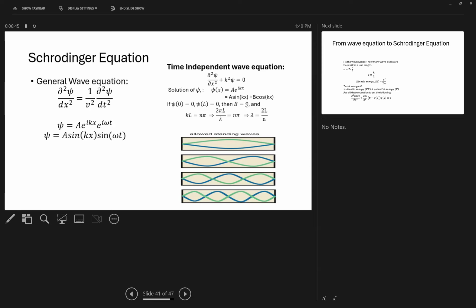But the actual wave equation says it's not d psi dx, but d squared psi dx squared is equal to psi. So it says that when you take the second derivative, it becomes equal to the original expression. So not only the first derivative. Can you think of any expression which, after you take the second derivative, becomes equal to the previous case?